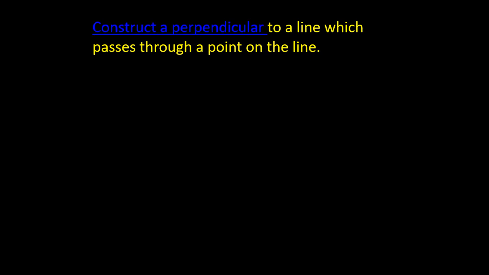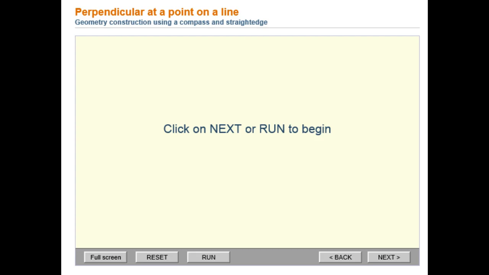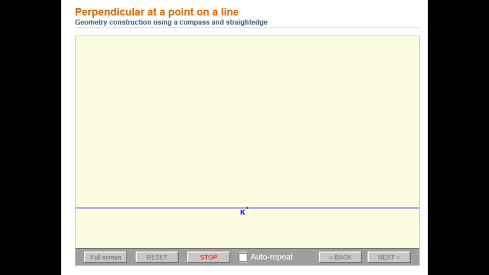Okay, how about if we want to construct a perpendicular to a line that passes through a point that is on the line? Let's take a look at that construction. So remember, we're starting with a line and a point that's on the line. And we want a perpendicular through that point.